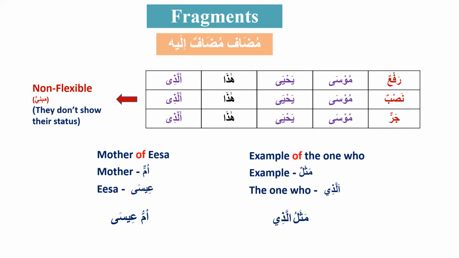So it will still not show its status, but because of the way it is used, now we can say it is in jar status. So you have to be mindful of that when you are using a non-flexible word as mudaf ilayh, you don't have to make any changes in it. You cannot make it change to make it mudaf ilayh, for example. No, Isa is always Isa. All right, good. Now we move on.